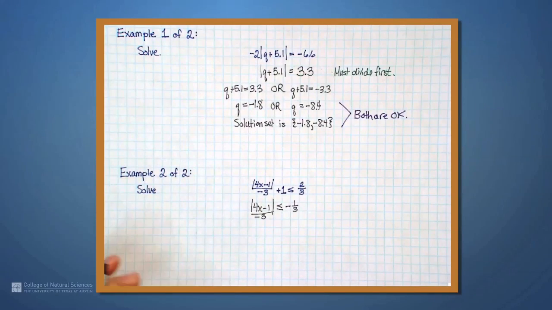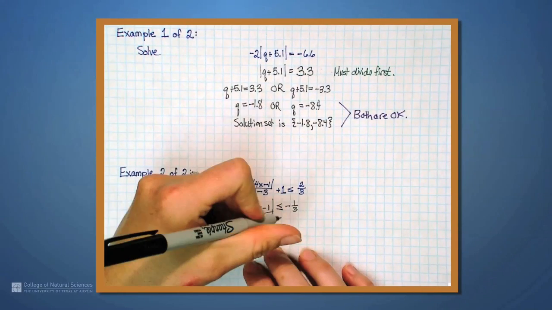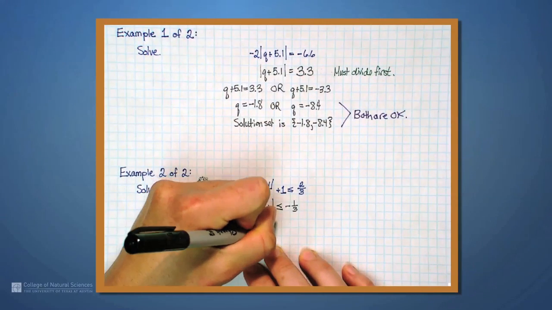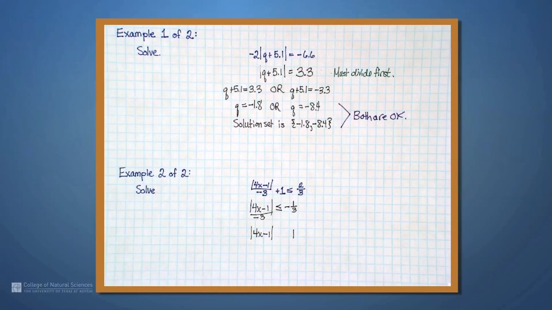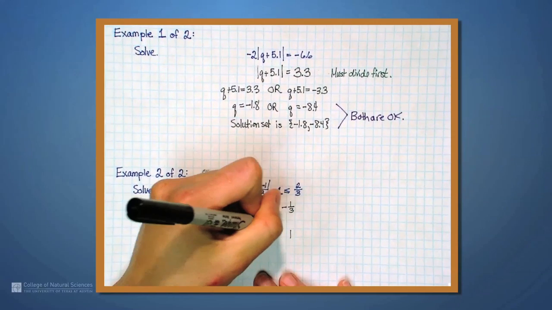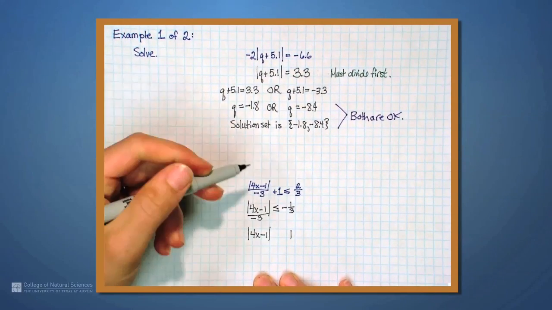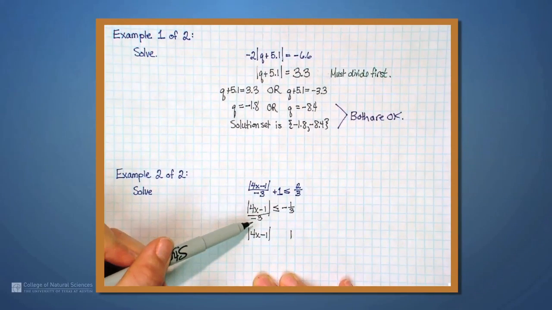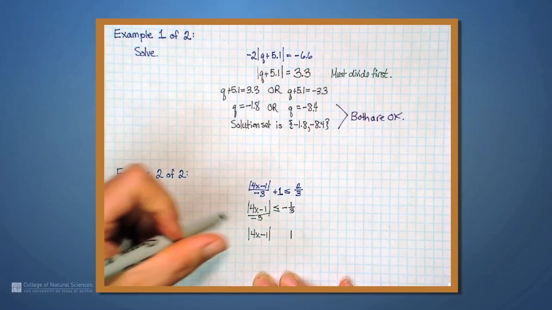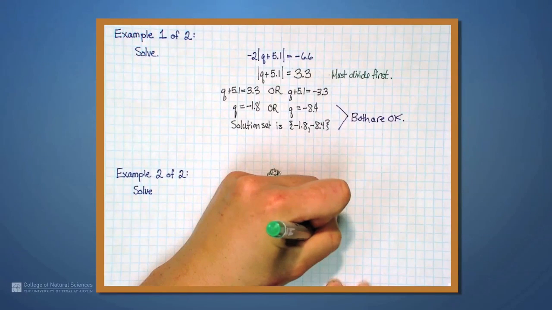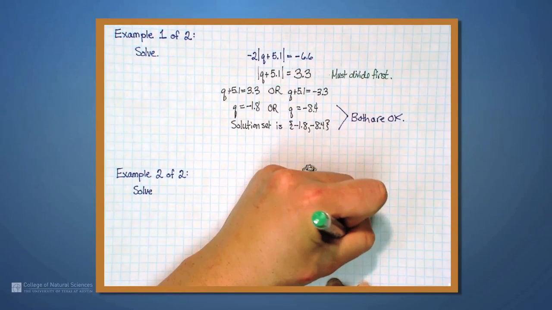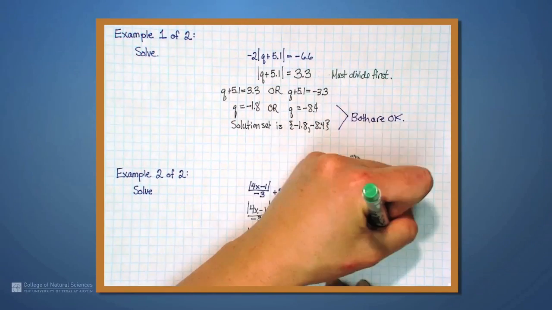And then I'm going to multiply both sides by that -3. But, you know, there's a dirty trick here. We're going to talk about why this is true in class. But when you're going to multiply or divide by a negative number, you have to flip the sign. So this is super important. Might trip you up as you're working your exercises.